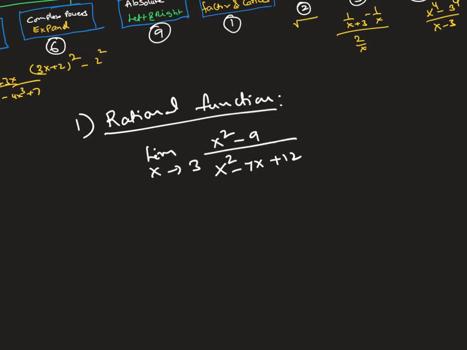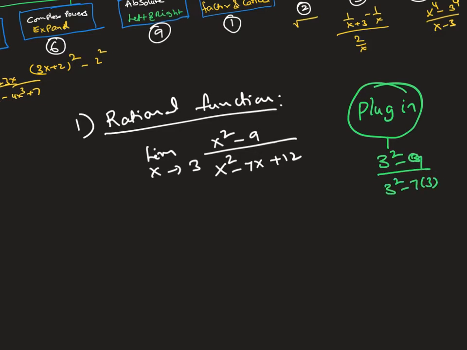So again, remember, the first step is always what? Plug in. Never forget that. If I plug in, I get what? 3 squared minus 9 divided by 3 squared minus 7 times 3 plus 12, I get 0 over 0.